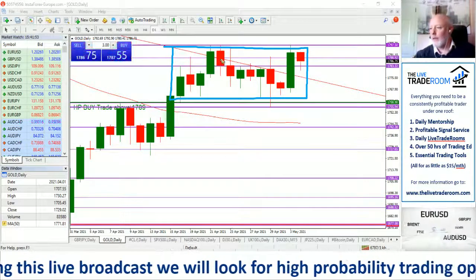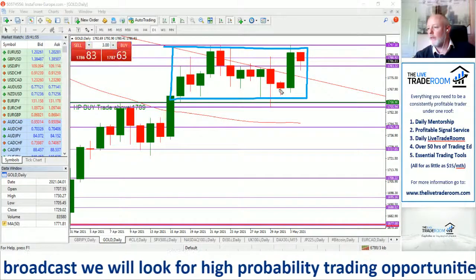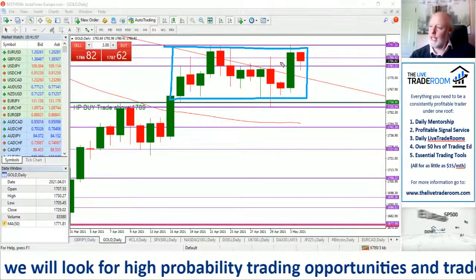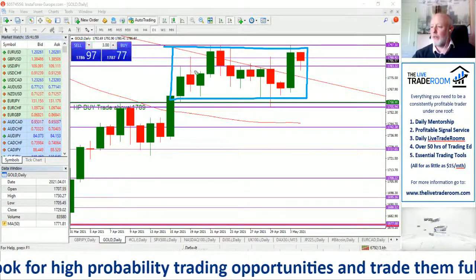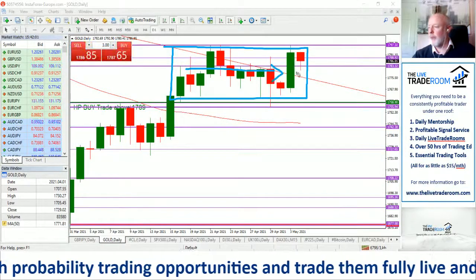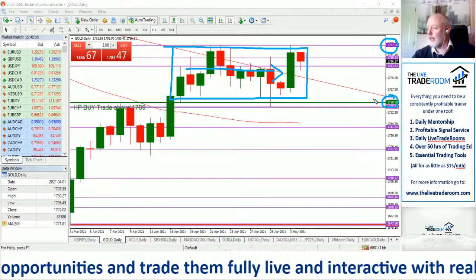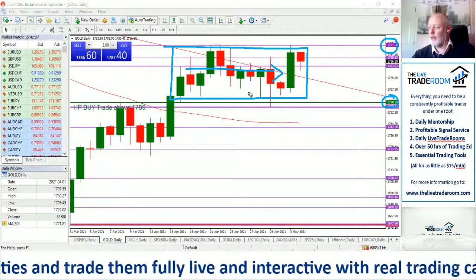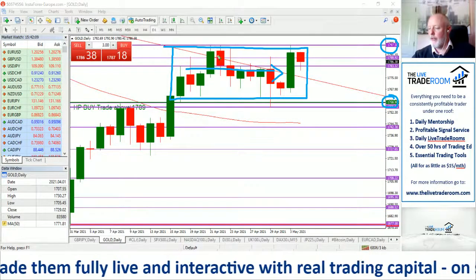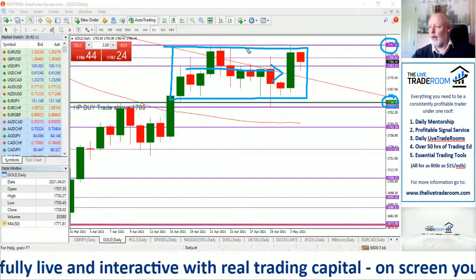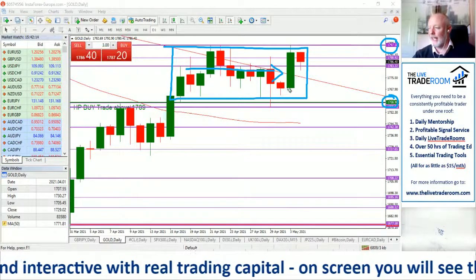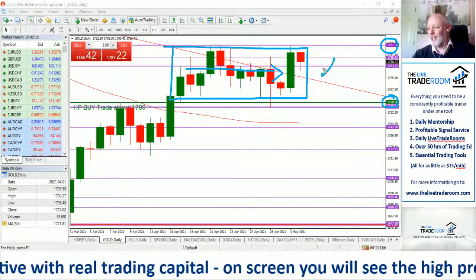So 5, 7, 9, 11, so 13 days, so 2.5 weeks, we've really been moving sideways between 1790 and 1760. So there's been a $30 to $40 move up and down, and just nothing happening.